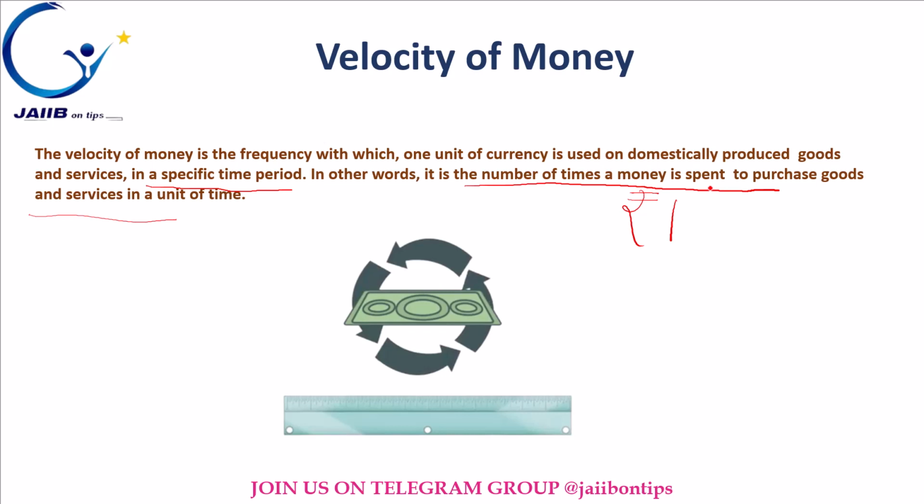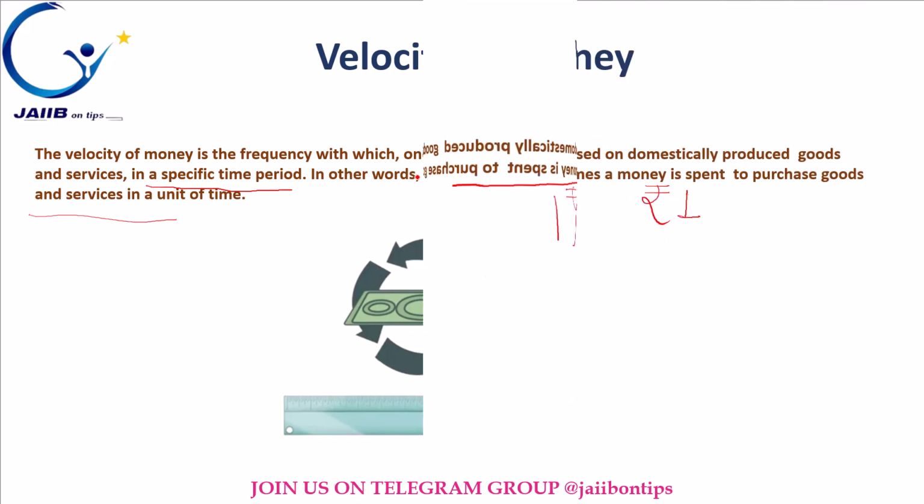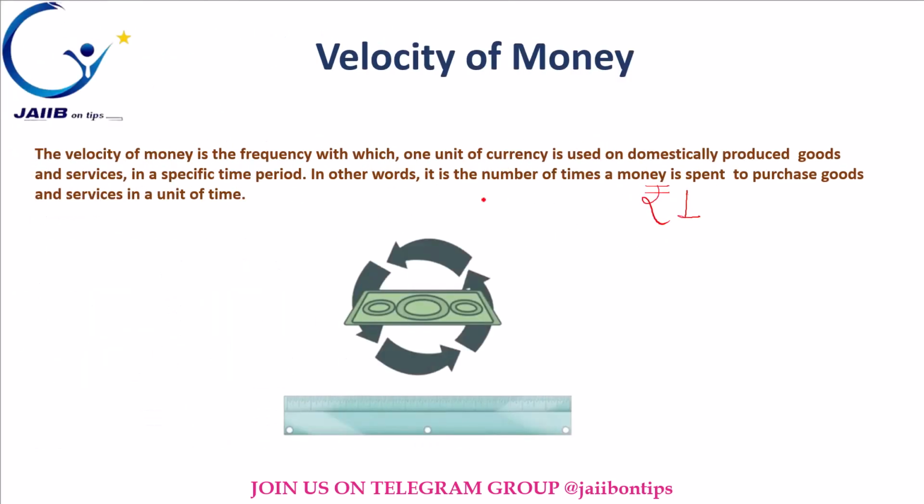Correct? Now, this concept is linked to the overall size of the economy. To understand this link, we look at the total value of all goods and services produced in the economy, which is called nominal GDP. We then compare this with the total money available in the economy, known as broad money. Right? So, the velocity of money is simply the ratio of nominal GDP to broad money.